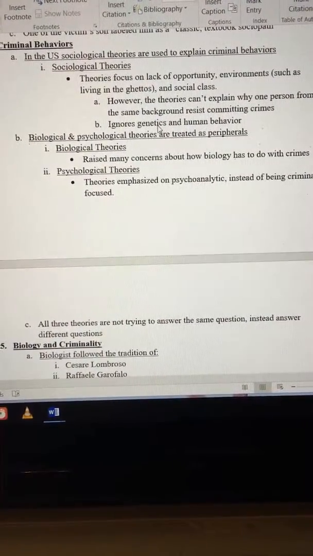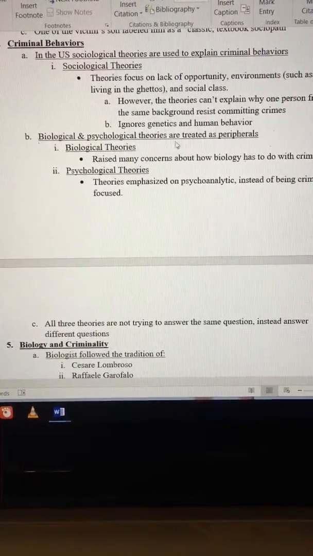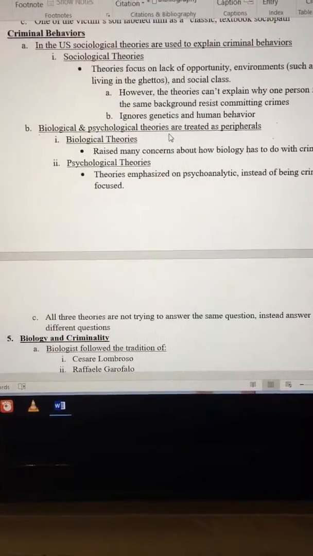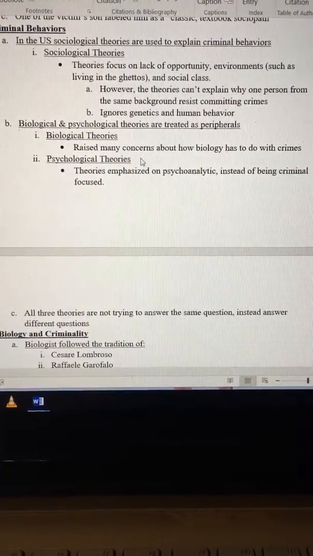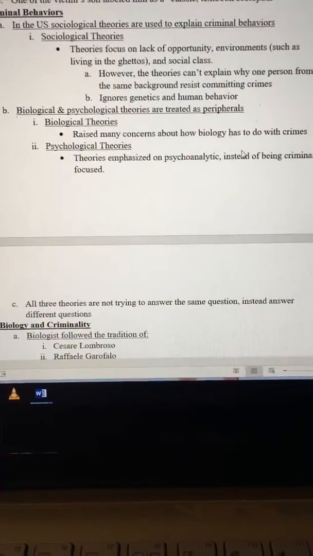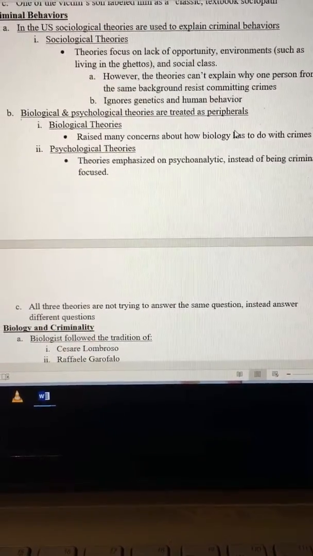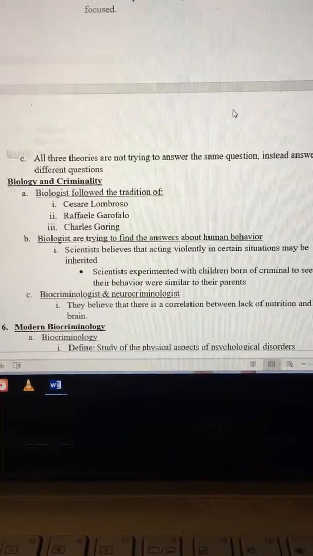The theories ignore genetic and human behavior. Biological and psychological theories are treated as peripheral. Biological theories raise many concerns on how biology has to do with crime. Psychological theories emphasize psychoanalysis instead of being criminal focused.